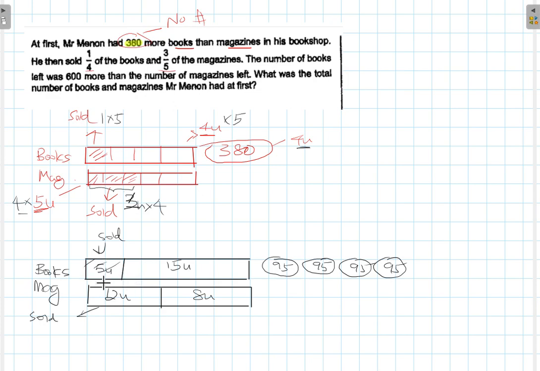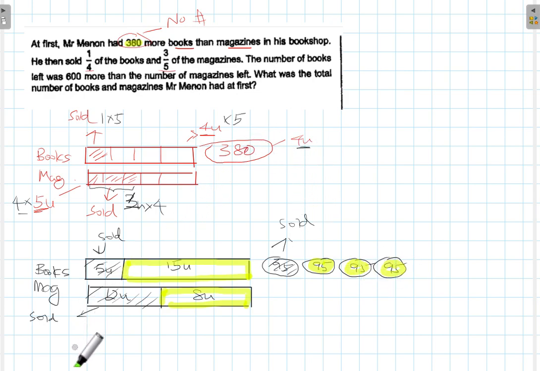So this is considered sold and this is considered sold. And then this part is considered sold as well. So what you have left will be this portion here. And all this is what you have left, right?